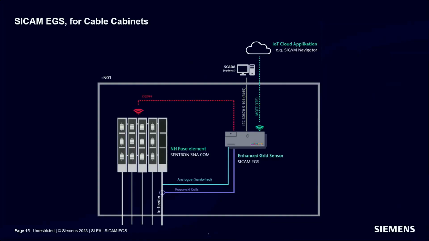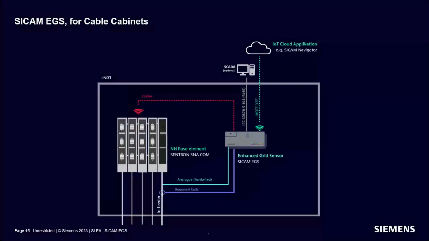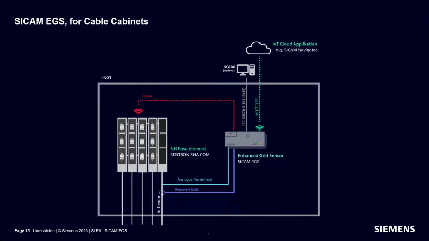We would like to show you the configuration of 2 typical use cases. Here on this slide, you see the system architecture of our solution for a cable cabinet. The picture shows the acquisition function of analog information.